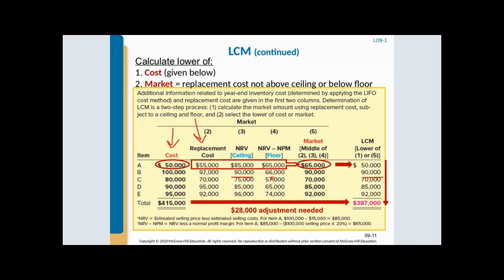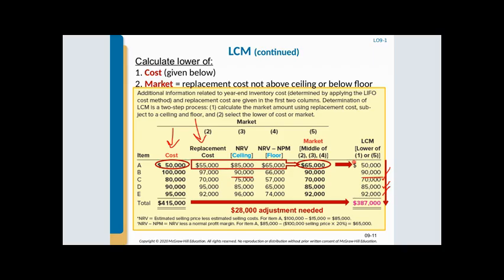Replacement cost falls within the ceiling and the floor, so we're okay. So we take our replacement cost. Next one, cost is higher than the ceiling, so we're choosing the ceiling. Again, we can only go down. Replacement cost is 92. It falls within the parameters, and therefore we choose our replacement cost.